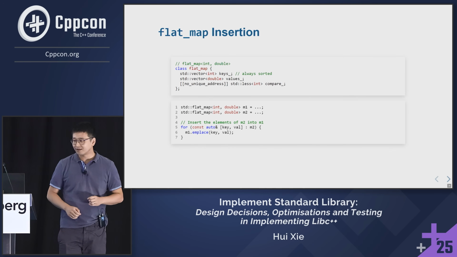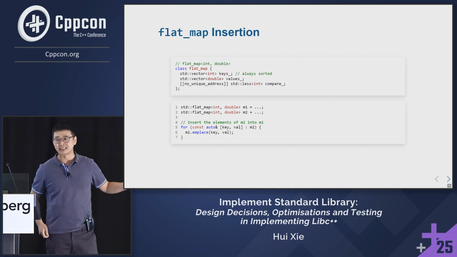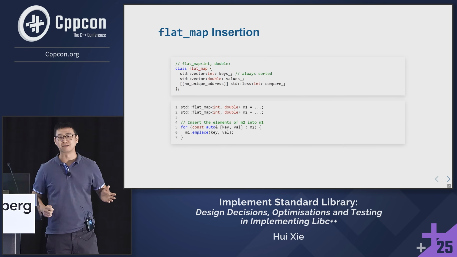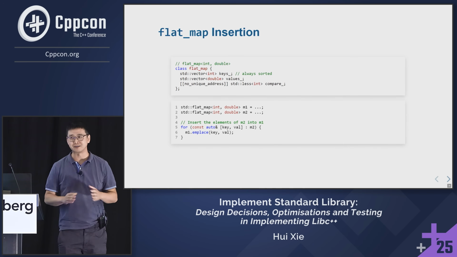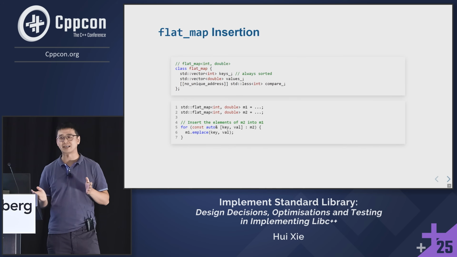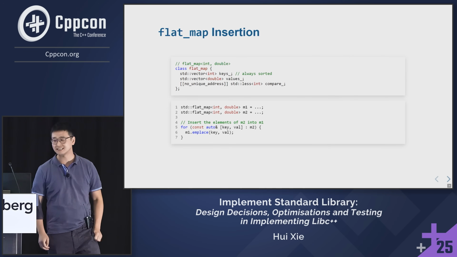And now, by the way, no_unique_address is everywhere in our libc++ implementation. Anything can have tail padding or be empty. no_unique_address will be helpful to reuse any tail padding.